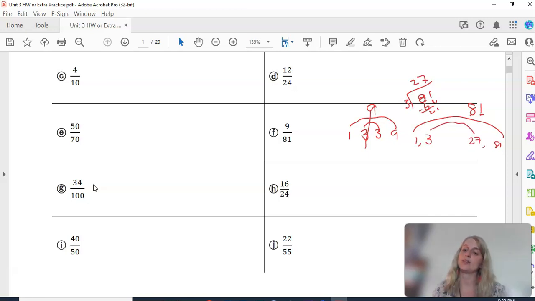That's what equals 81. Can't do a 4 because 81 is odd. Can't do a 5 because it doesn't end in a 0 or a 5. Can't do a 6 because I need 2 and 3 as factors if 6 is also a factor.